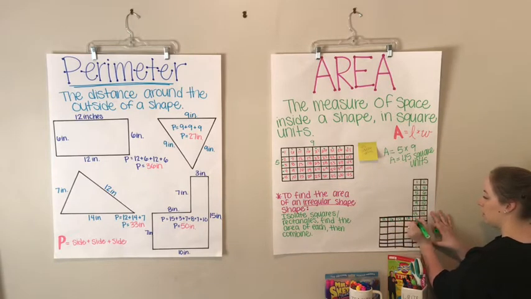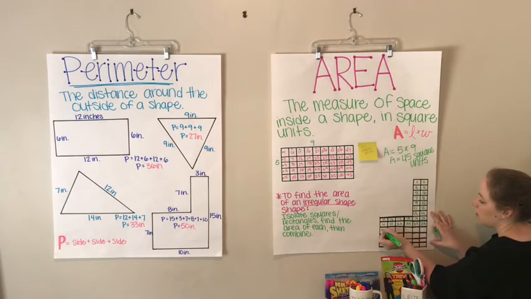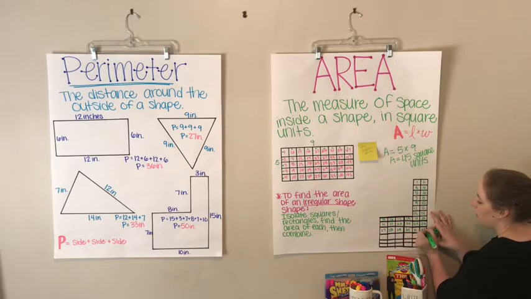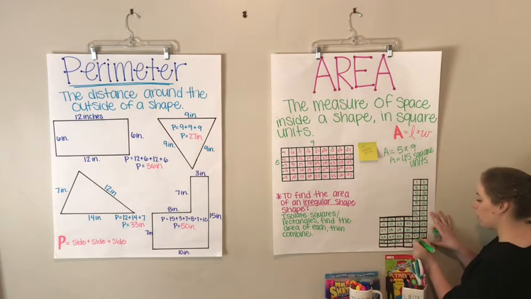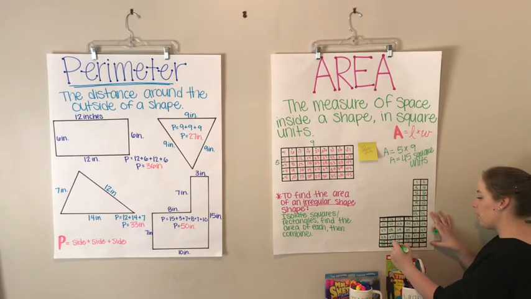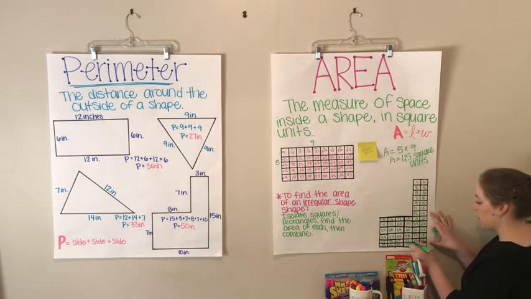17, 18, 19, 20, 21, 22, 23, 24, 25, 26, 27, 28, 29, 30, 31, 32, 33, 34, 35, 36, 37, 38, 39, 40, 41, 42, 43, 44, 45, 46, 47, 48, 49, wow, 50.